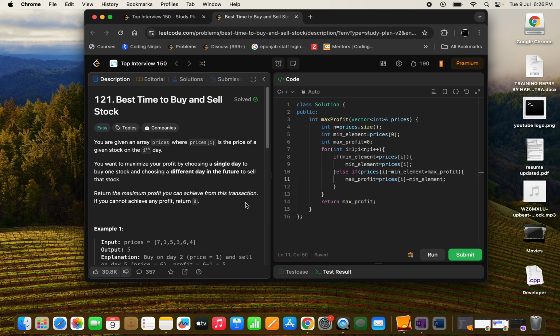Because of this minimum element, my profit is getting affected. So that's why I took an else if over here.